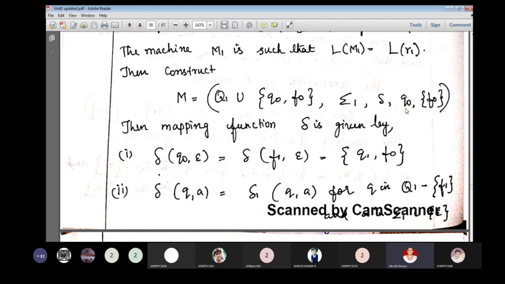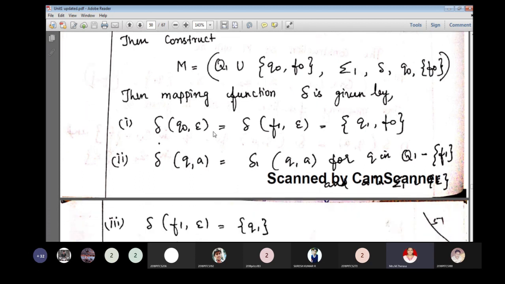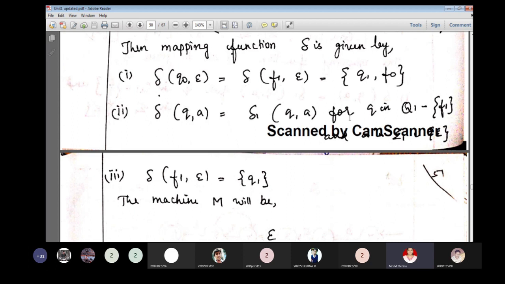Then the initial state is Q0. Q0 is a new state which we have added, and F0 is one more new state which we have added. Then the mapping function: del of Q0 comma epsilon is equal to Q1, comma Q0. Then Q0 comma A, all the transitions already in the machine M1. And F1 on epsilon is going to be Q1.